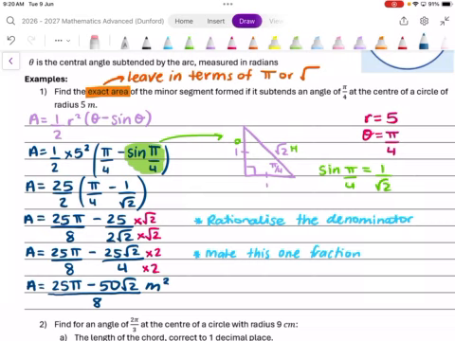Now, if you have the new calculator, I believe that you can just do 25 on 2 lots of pi on 4 minus sine pi on 4. And no, because you're in radians. Hang on. Let's see if I change it to radians instead of degrees.